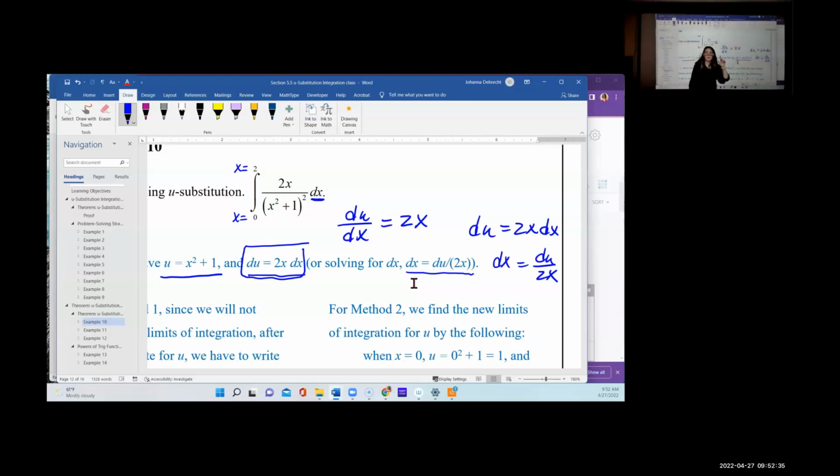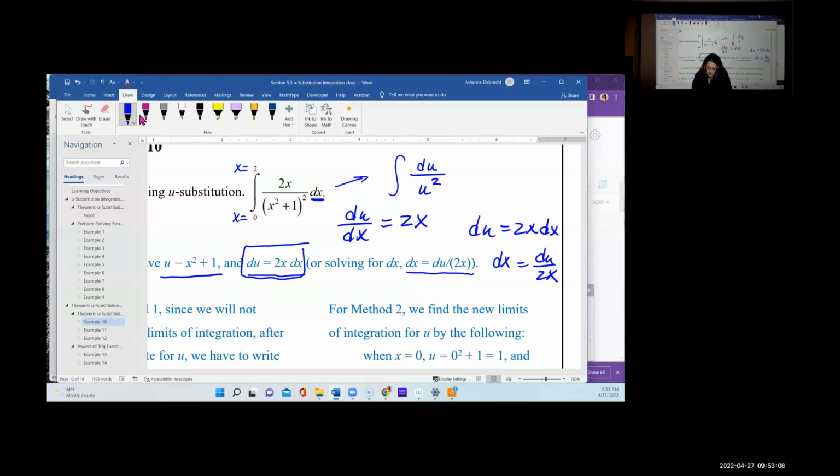However, method 2 says I'm never going back to x. Once I leave x, x is gone forever. I'm going to u and u only. So it also wants to find something to replace the limits of integration with. So far, out of this problem, we know that we can replace the 2x dx with du, and we can replace the x squared plus 1 with u.